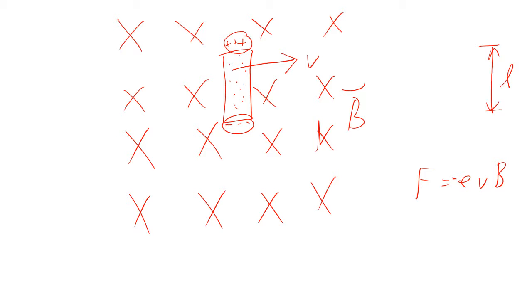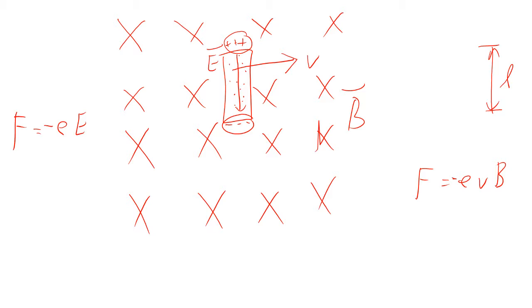That difference in charge then creates an electric field. Well, we know that the electric field exerts a force on electrons too. The force due to the electric field equals qE. Again, it's an electron, so the q is minus e.